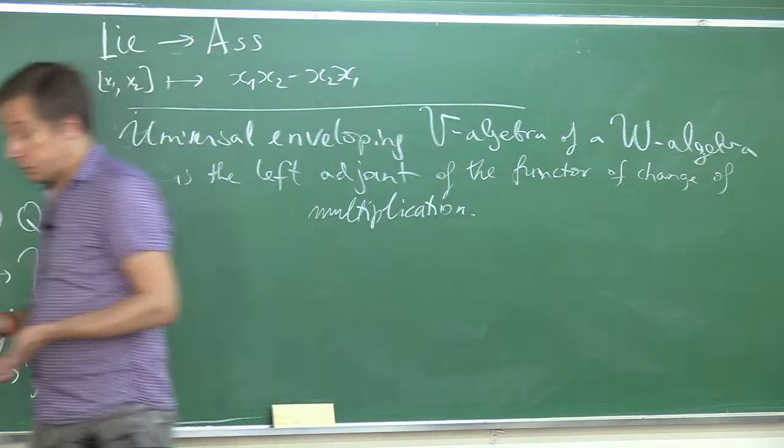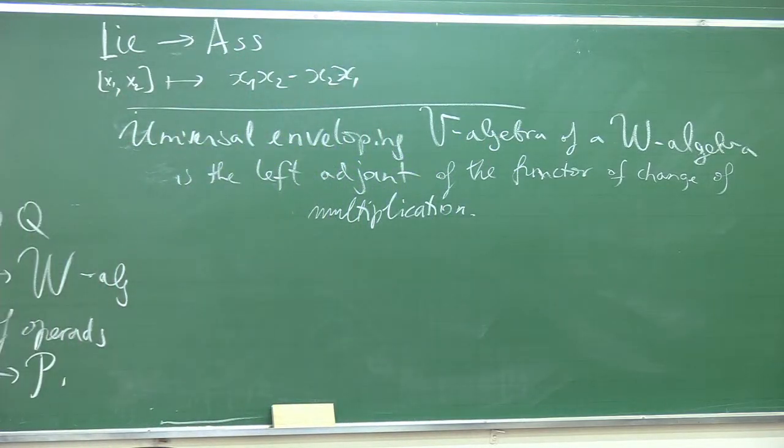Which means what? In general, you can construct it explicitly in the same way you construct the universal enveloping associative algebra. You say that, okay, you take the free V algebra generated by a given W algebra A and impose the relation saying that the operations that we can already express, we can compute on the level of the W algebra.